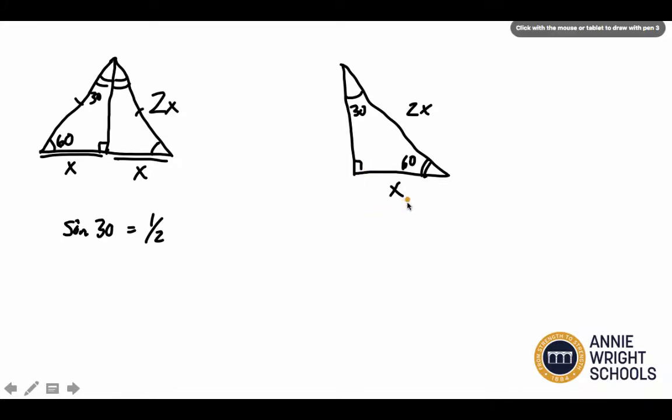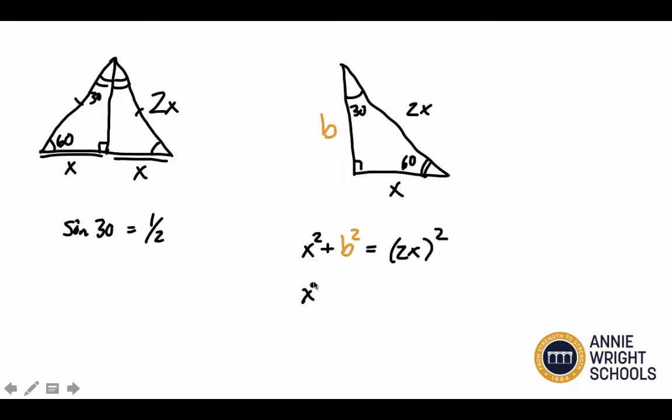The next thing that I think is exciting is just using what we already know to be true about right triangles, that a squared plus b squared equals c squared. If I just do the algebra here, I get that x squared plus b squared is equal to 4x squared.